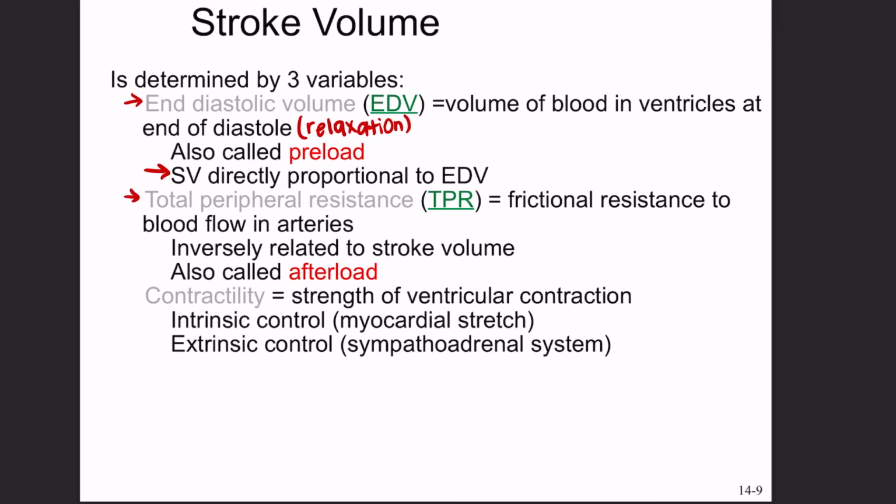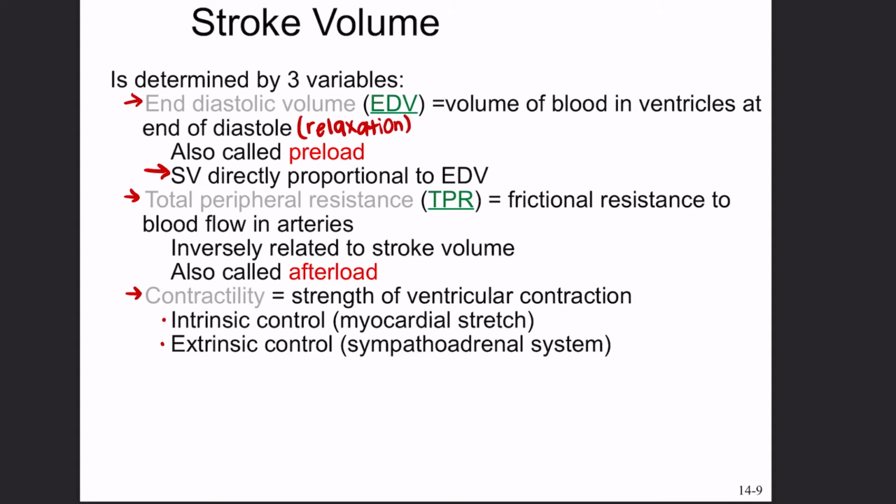And then the third variable is the strength of contraction, the contractility of the ventricles, how strongly our myocardium is able to contract our ventricles. And we're going to talk about 2 ways in which it is controlled. Intrinsic control, and intrinsic means inside, so by their own cells.